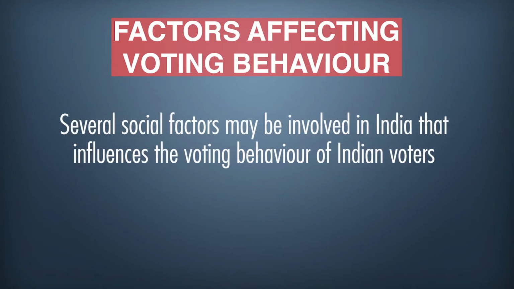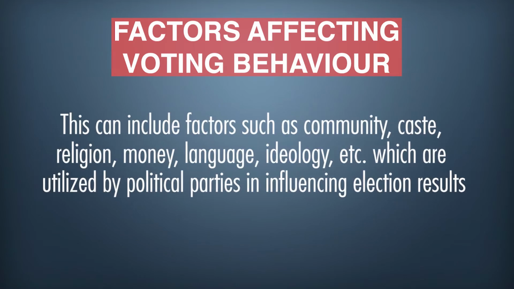Several social factors may be involved in India that influence voting behavior of Indian voters. This can include factors such as community, caste, religion, money, language, ideology, which are utilized by political parties and influence election results.